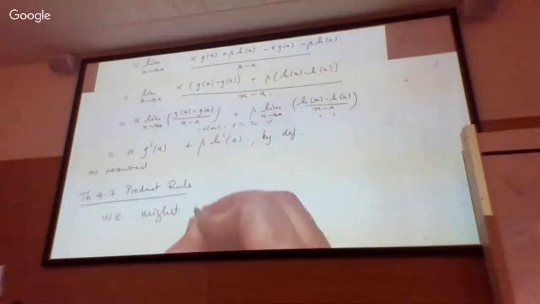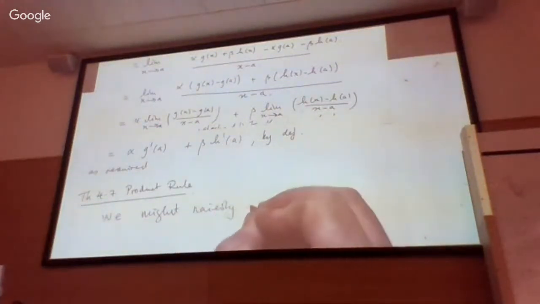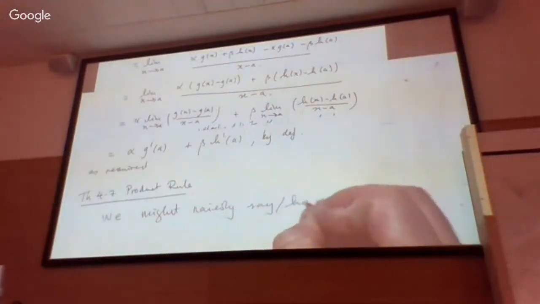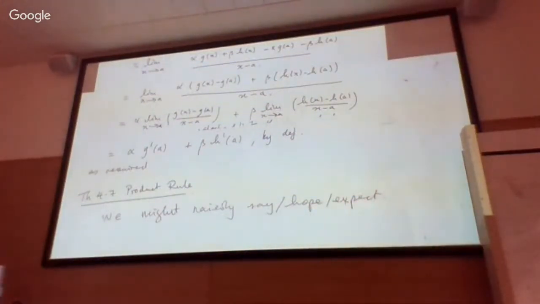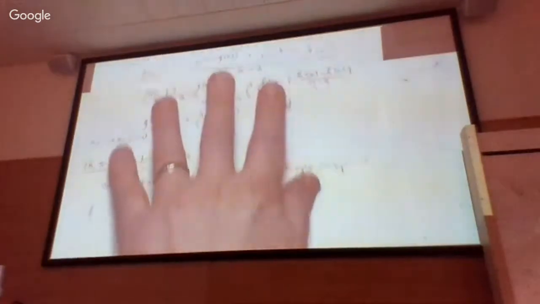Not necessarily to take this down, but we might naively say, or hope, or expect, I mean, differentiation was linear. Maybe it's multiplicative. Maybe if f is the product of two functions, then maybe the derivative of f at a is equal to the derivative of g at a multiplied by the derivative of h at a.